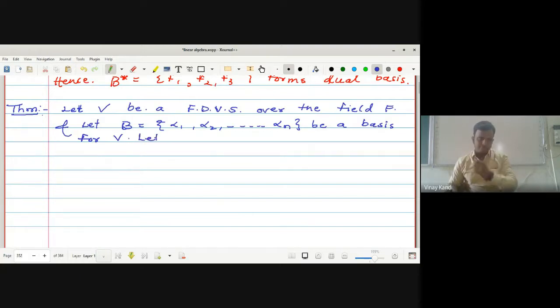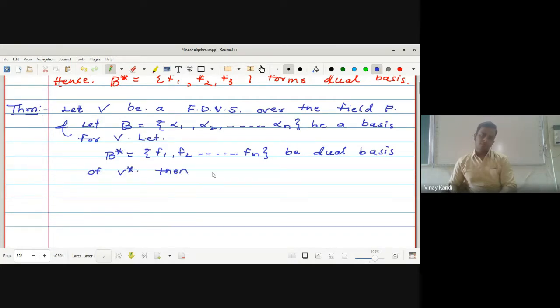Let B star is equal to F1, F2 up to so on Fn, be the dual basis of V star. Then for each linear functional, okay, फंक्शनल म्हटलं की तुमचा कोडोमेन फील्ड असतो.